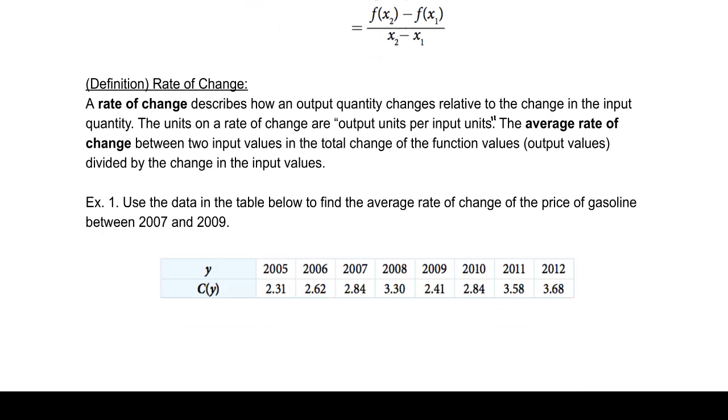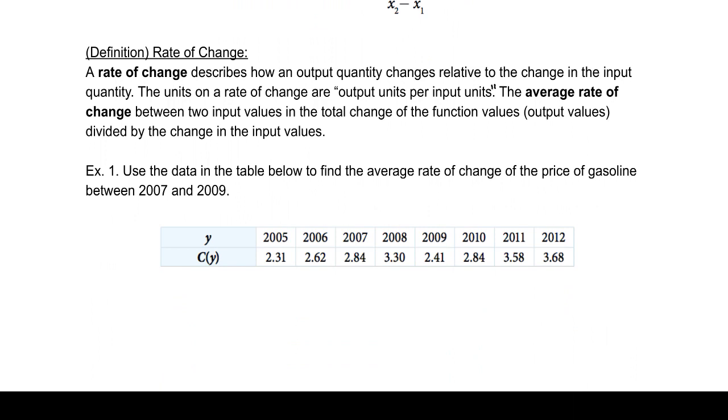So we have this table here. We want to find the average rate of change of the price of gasoline between 2007 and 2009. So we have 2 points here, 2007 and 2009.